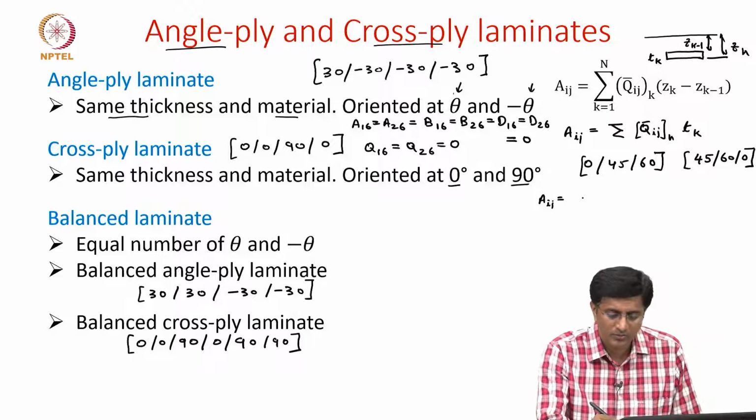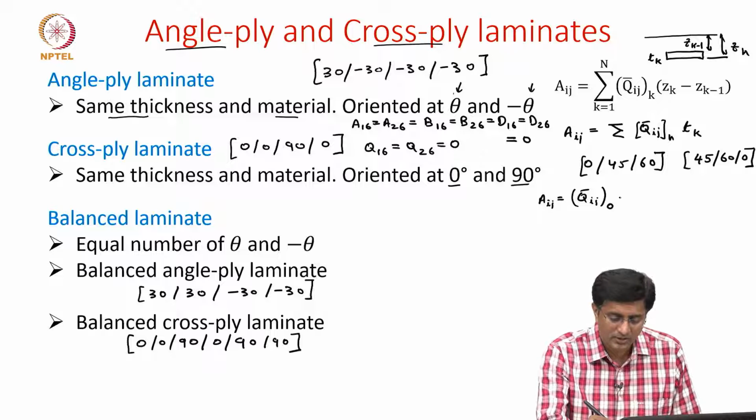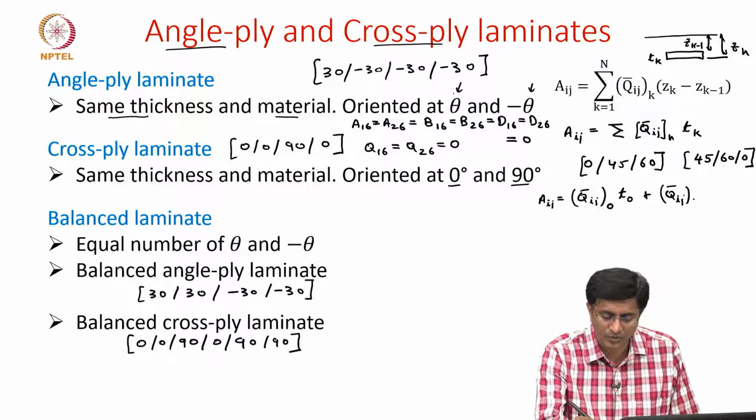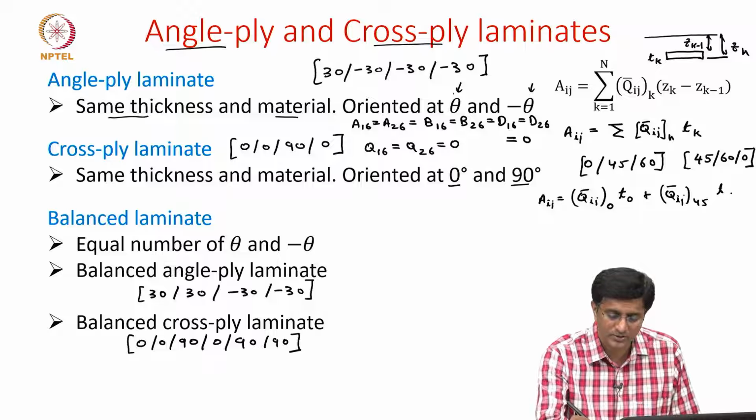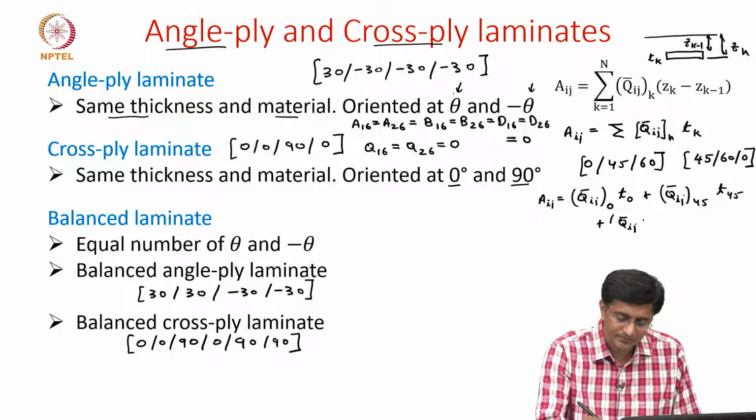Aij will be Qij for the zero orientation times the thickness of the zero layer, plus Qij bar for the orientation 45 times the thickness of 45, plus Qij bar for the 60-degree orientation times the thickness of the layer with 60 orientation.